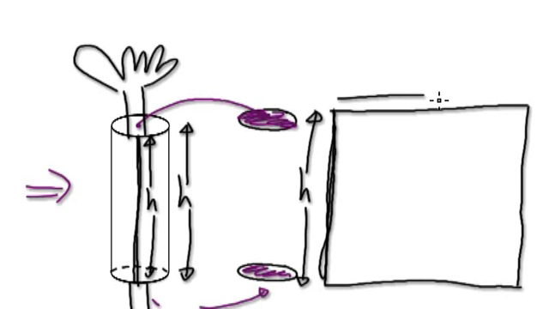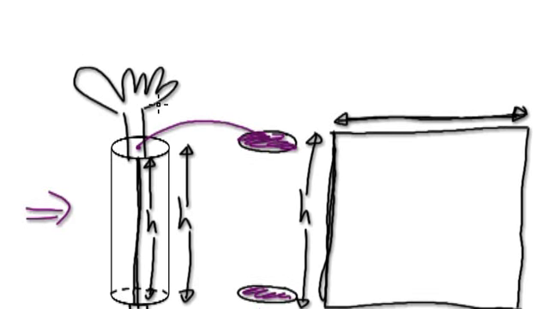Now this distance here, we do actually know it, but you've got to be cunning. Let's see if you can find a way of working out what this distance is. Press pause and think about this. We've got a cylinder here with a radius of r.